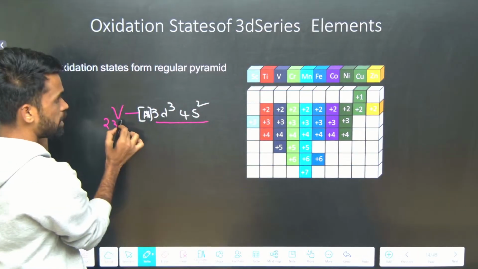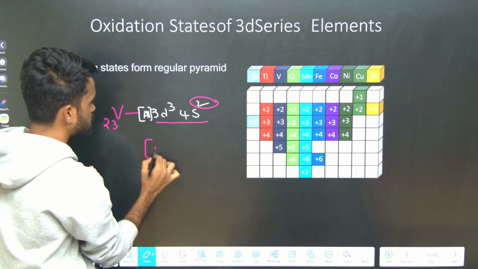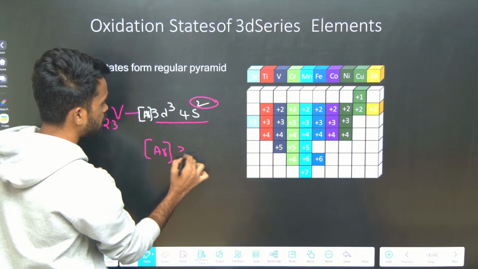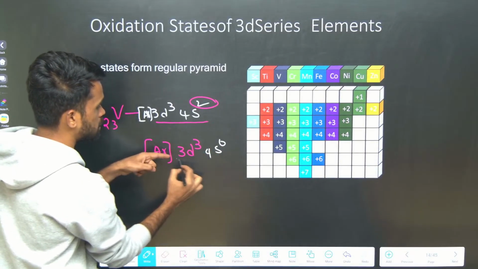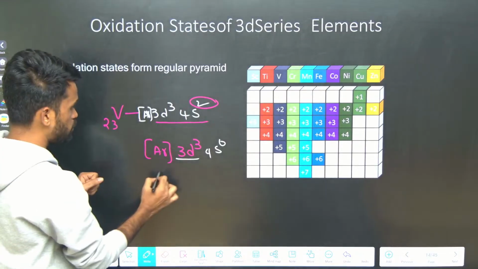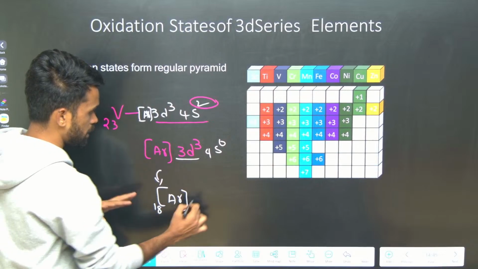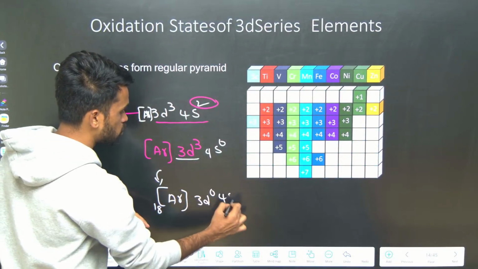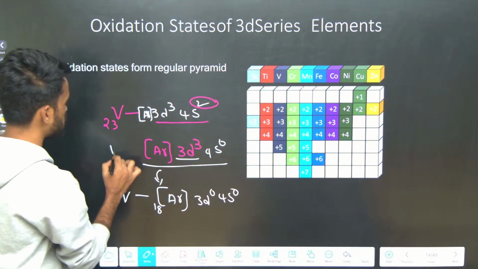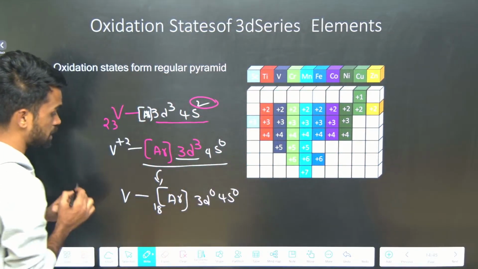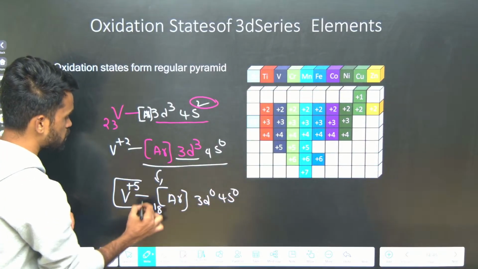Vanadium can lose 2 electrons from the s orbital and exist as argon 3d3, or it can also lose all 3 of these d electrons and become argon 18, that is 3d0 4s0. So this is also possible. When it exists like the first case, you can say vanadium is in the +2 oxidation state. Here all the electrons are removed, so you can say +5 oxidation state in this case.